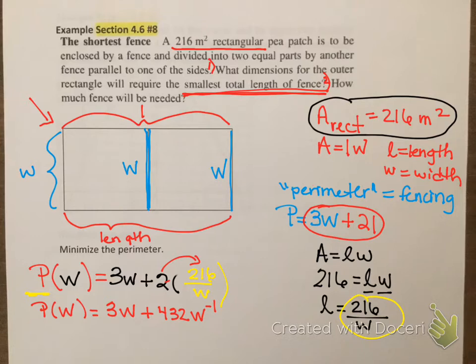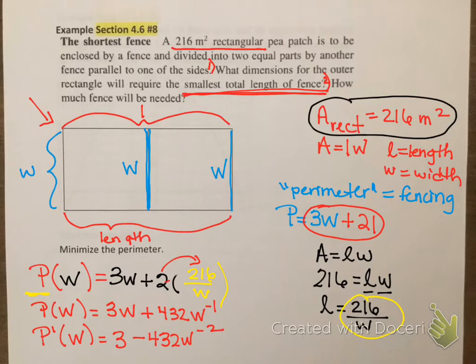Remember, what I'm getting ready to do here is take the derivative and set it equal to 0, and that will give me W with the smallest amount of total fencing. So first step, find the derivative. That's going to be 3. Derivative of 432W to the negative 1 would be negative 432W to the negative 2.